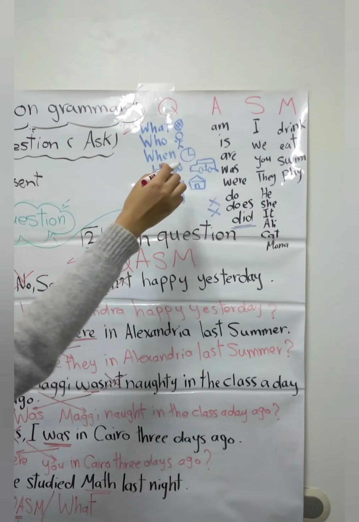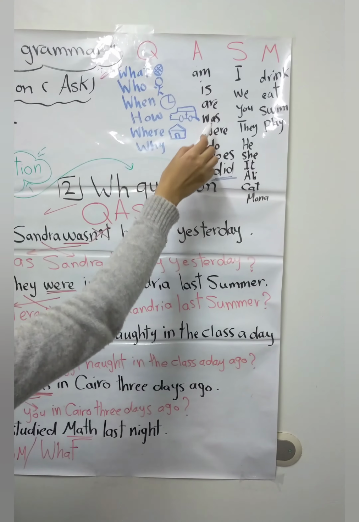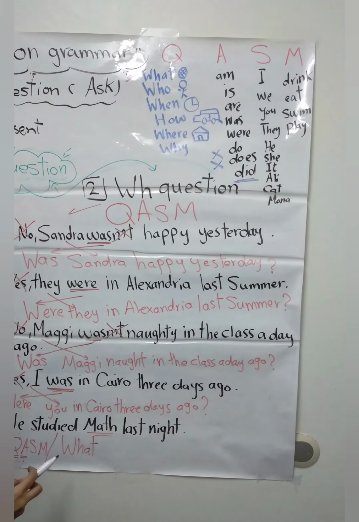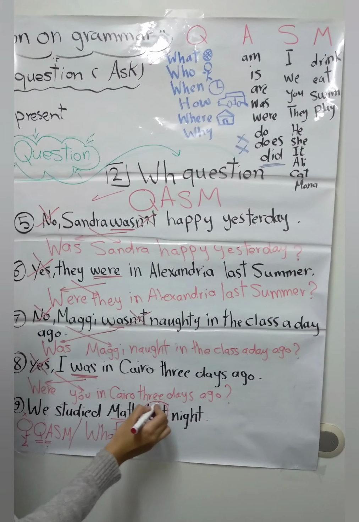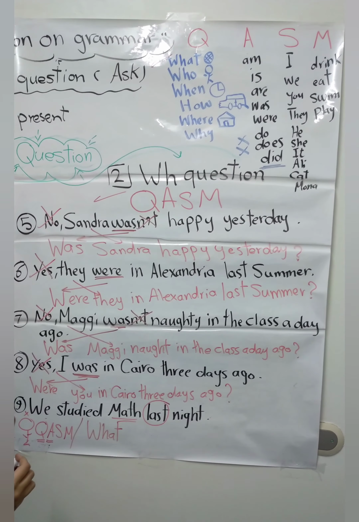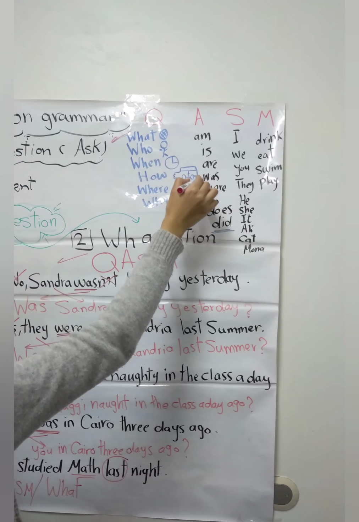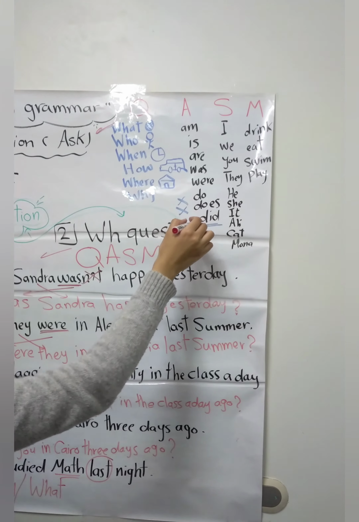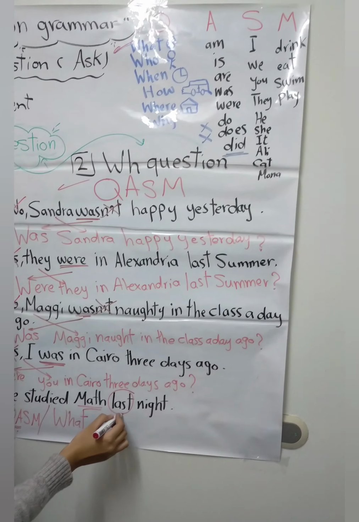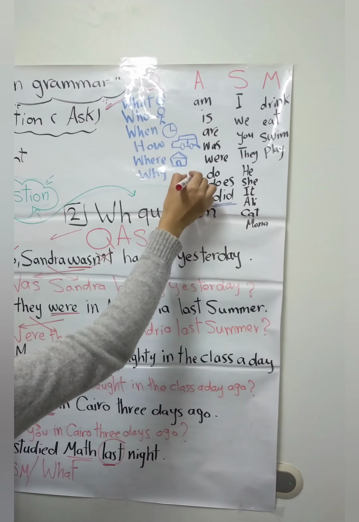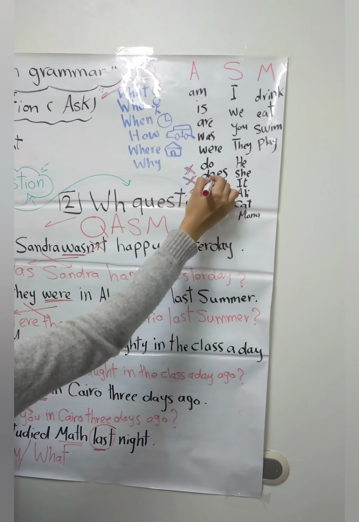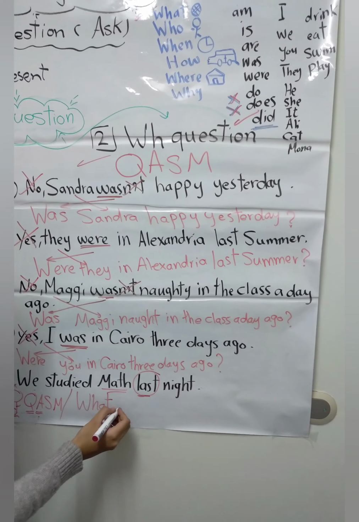A refers to auxiliary verb like am, is, are, was, were, do, does, did. Here we have last, and last refers to the past. So we don't have am, is, are, was, were, so we put do, does, or did. And here we have last in the past, so we don't take do, we don't take does, so we take did. What did?